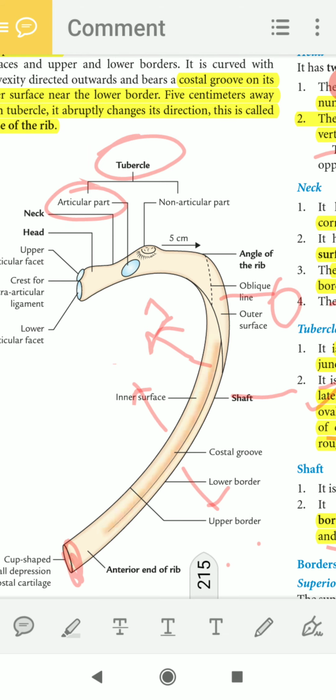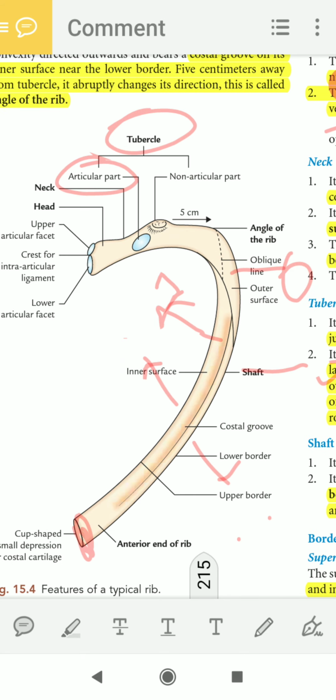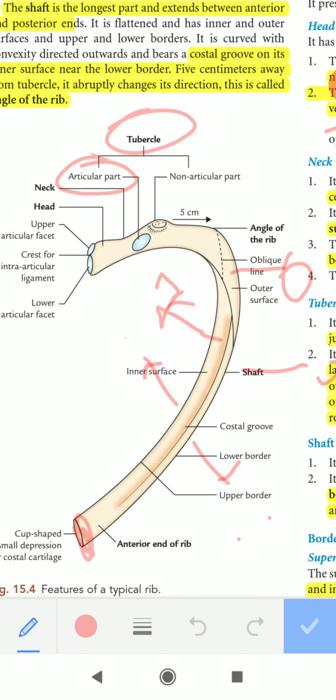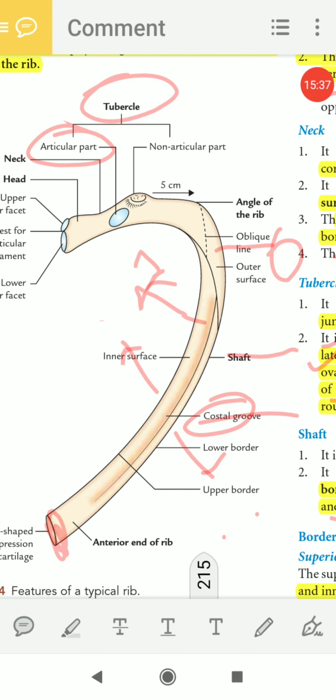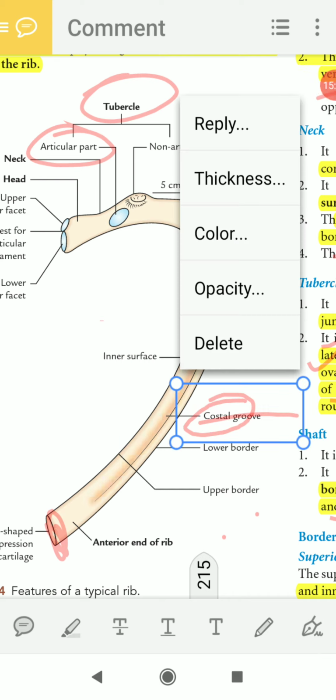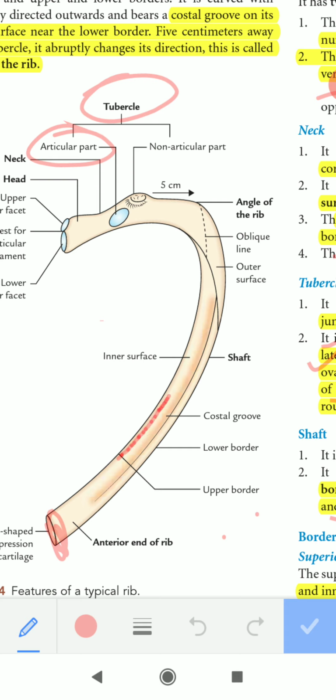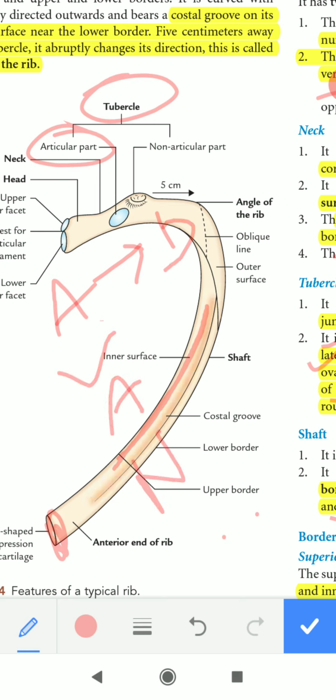So we are talking about the shaft. Look at that, in the inner surface there is a costal groove. So this is the costal groove, and what are the structures that lodge in the costal groove? From above downwards: intercostal vein, artery and nerve.